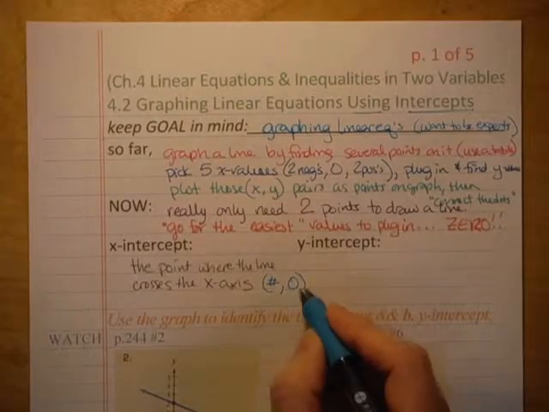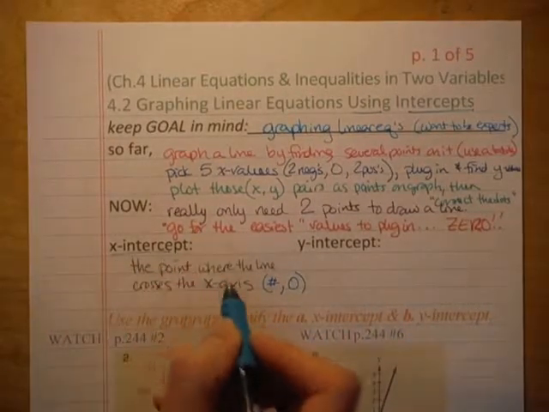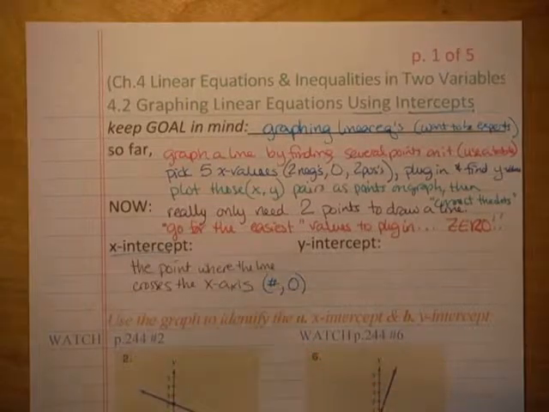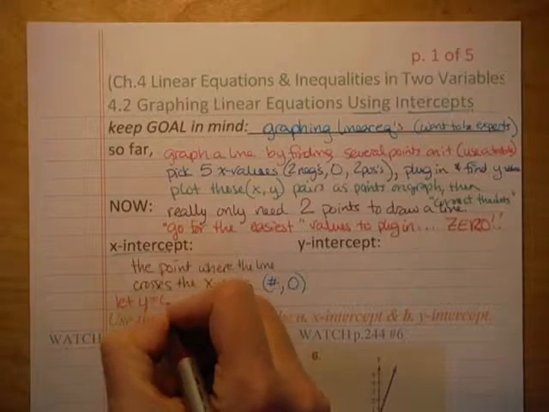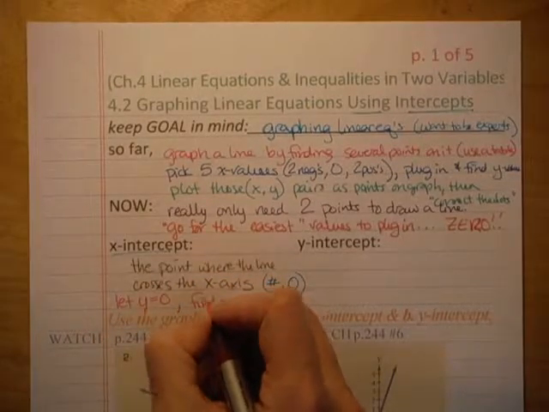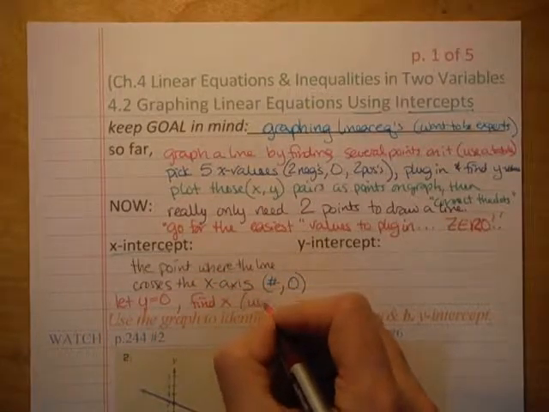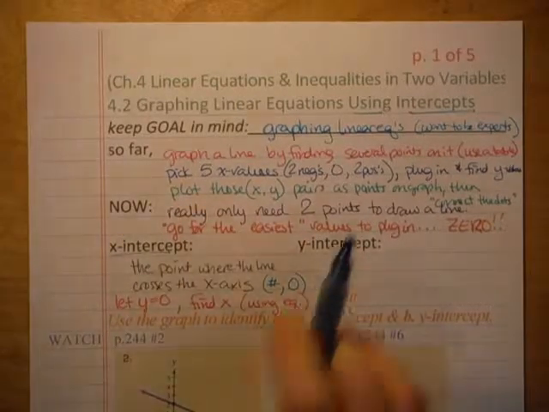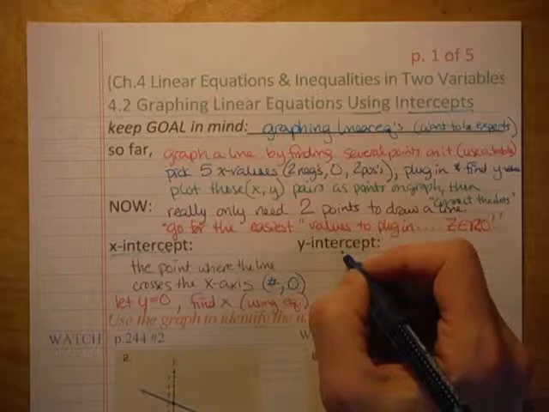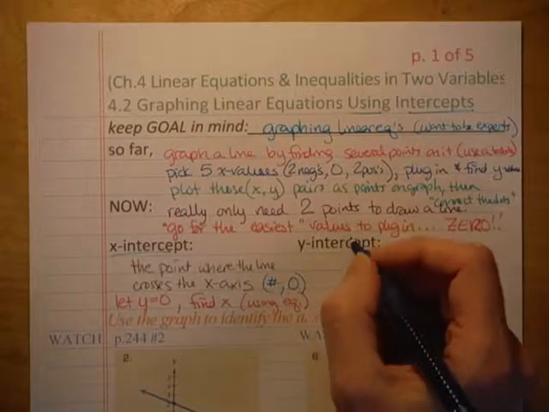Okay, it's always a number comma 0. That's the x-intercept, where it crosses the x-axis. The way you find that is you let y equal 0 and then you find x using the linear equation.